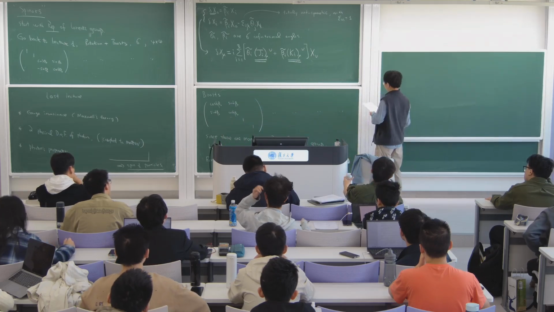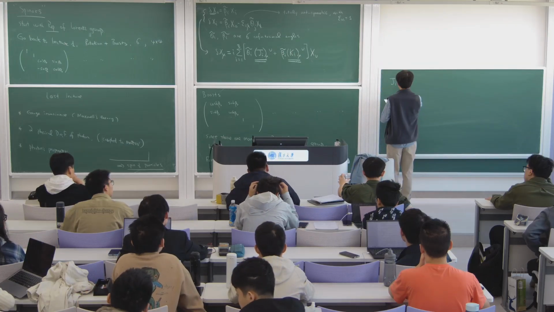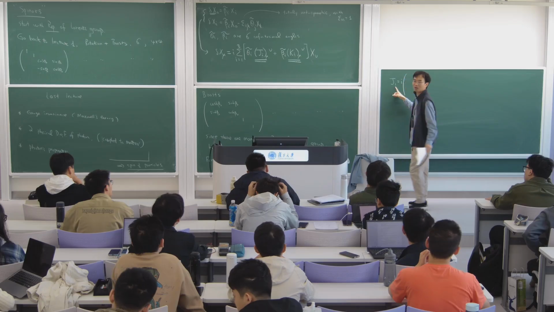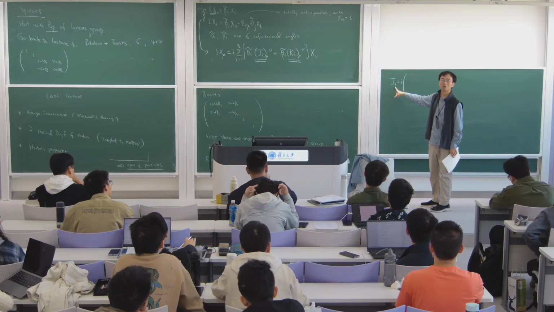In this way, we can find this particular J matrix, for example J1. I'm just specifying with i running from 1 to 3.